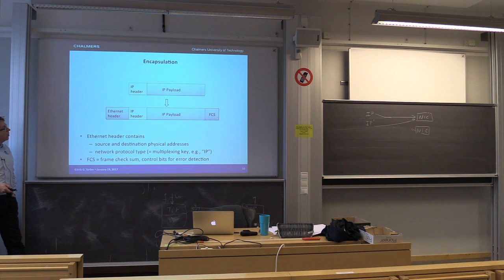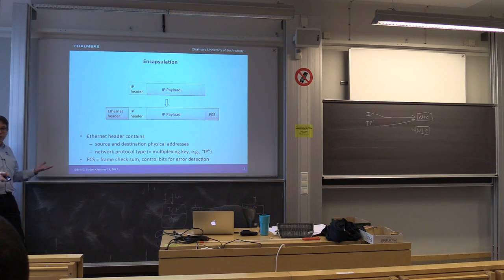Now, how does encapsulation work here? If we have an IP packet, we have an IP header and an IP payload. This needs to be transmitted, and the IP layer uses the network interface layer below it.